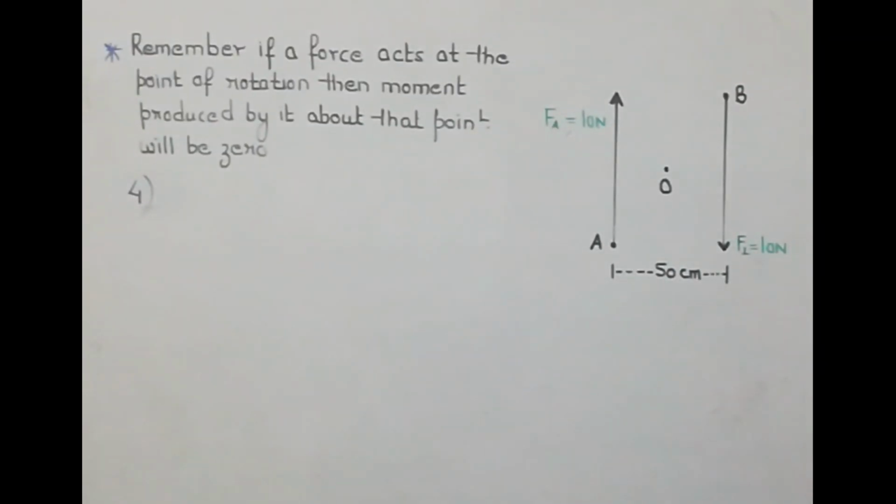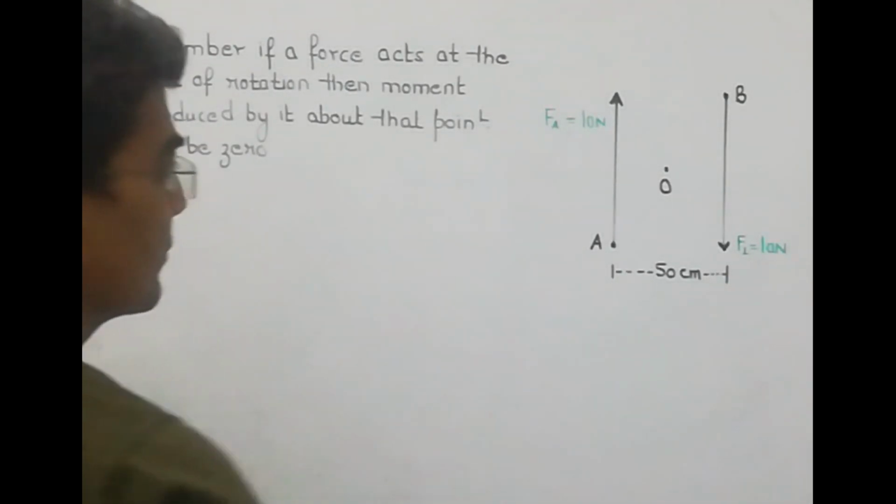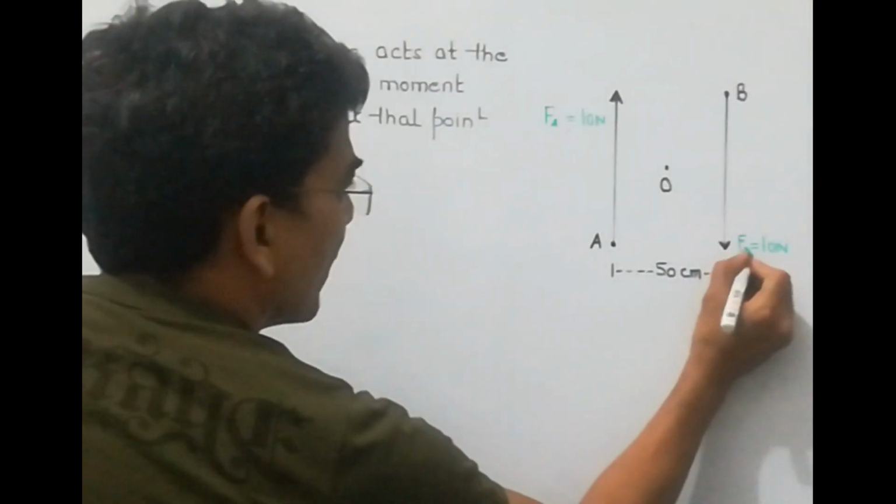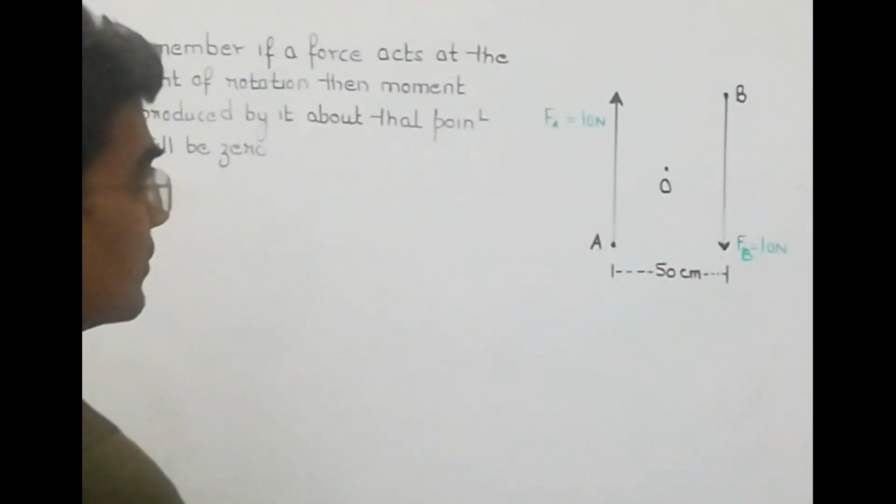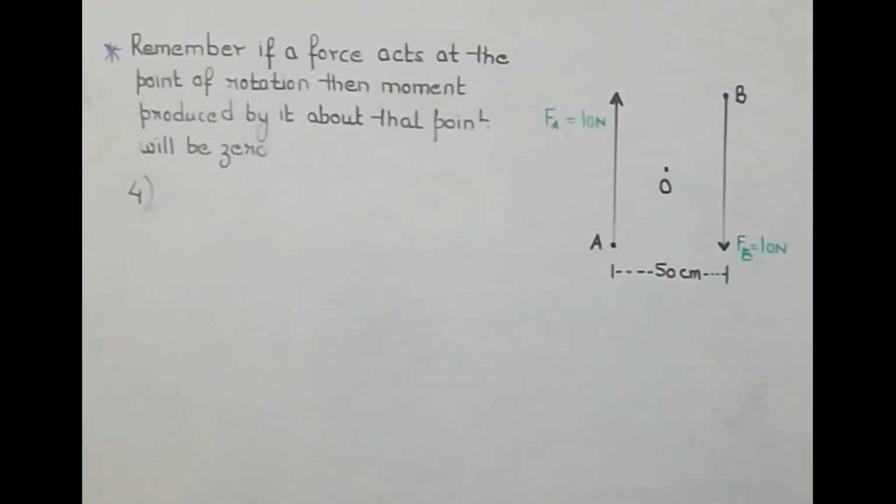Is this clear to you? If I ask you how much is the moment produced by Fa about A, then you will say 0. In the same way, if I ask you how much is the moment produced by Fb at the point B, you will say 0.